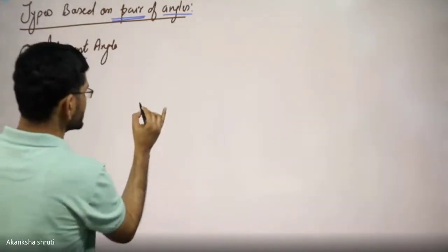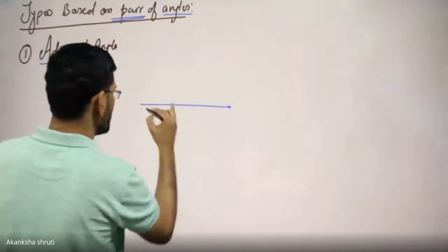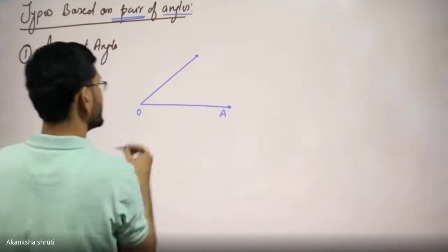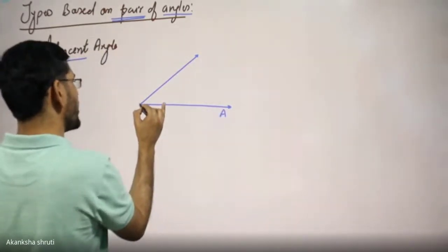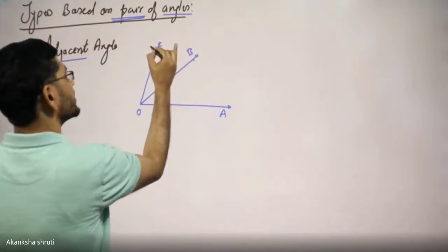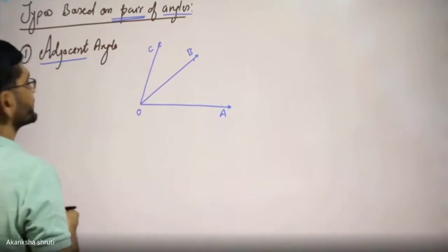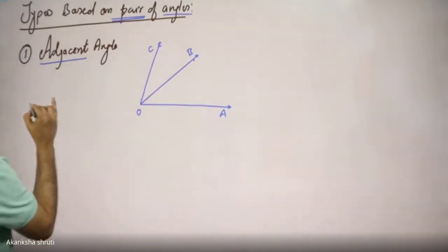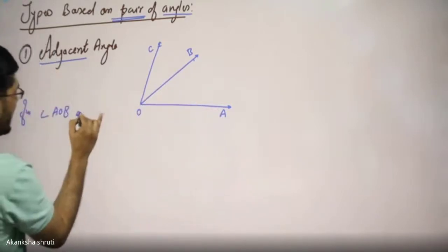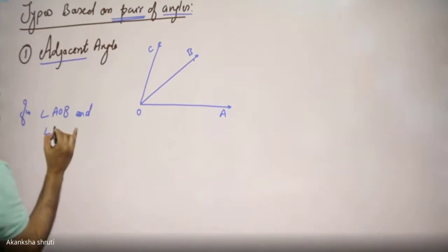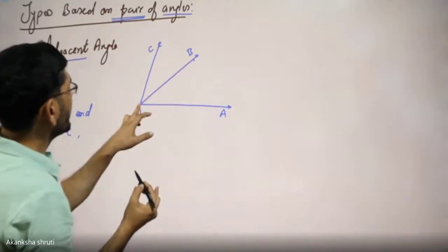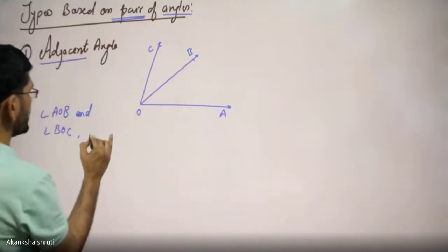Students, let us consider two angles which have something common. Let us consider OA, and another angle is formed by OC. Then here we get that for angle AOB and angle BOC, the ray or the side OB is common.